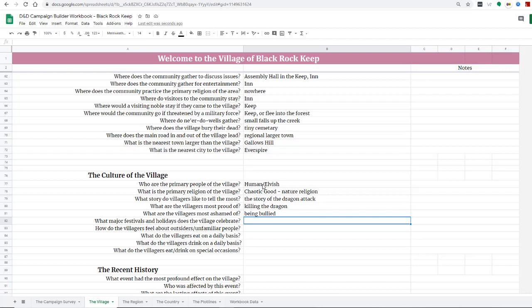Now again, this is a cultural thing. So if the PCs were in the village for an entire year, what are some of the major events that they would see? I like seasonal events, like having a Christmas event, those kind of things. So we're going to say that they're not farmers per se. Like, there's farms there, but they're not about farming, but they are about hunting and the wilderness.